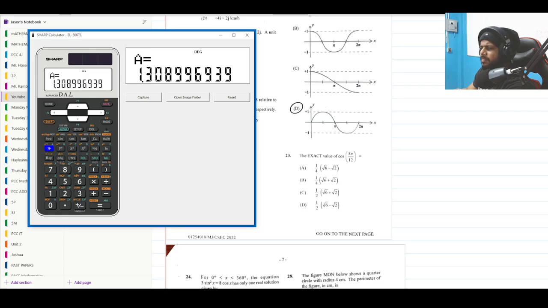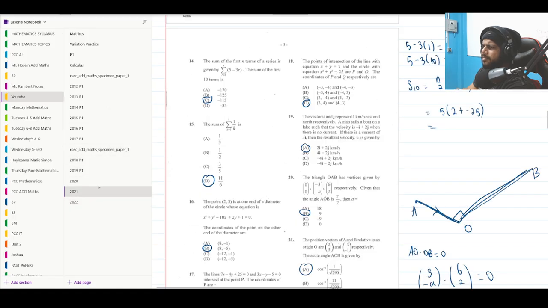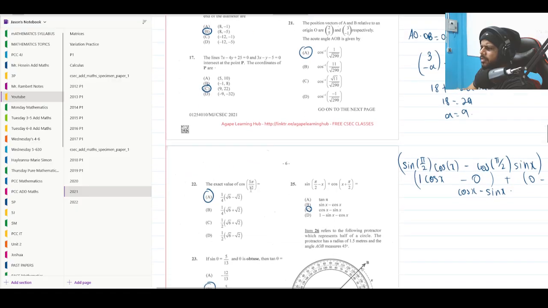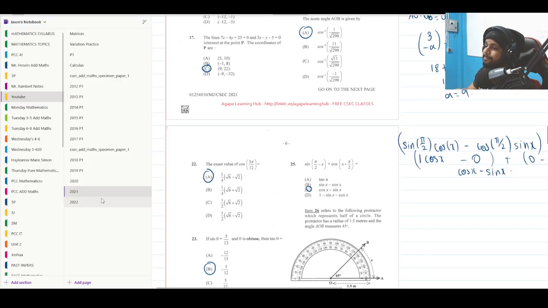Was it root 6 minus root 2 multiplied by a half? No. Was it a quarter? Let me check back. I know this is a repeat question. I'm just checking back for it here. It's a quarter. A quarter into root 6 minus root 2.